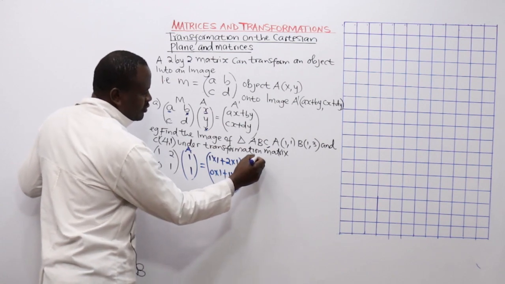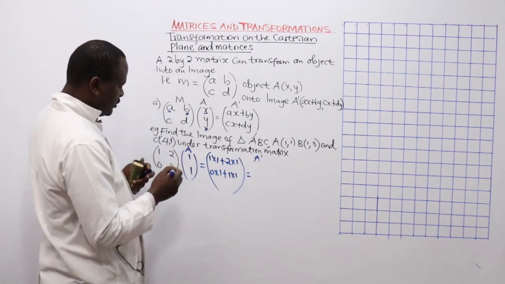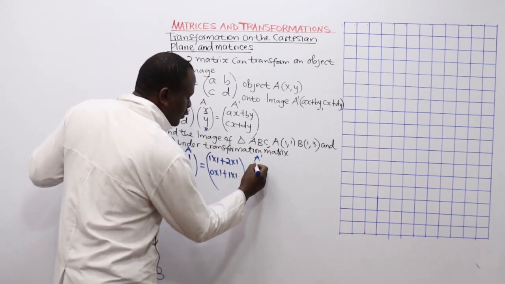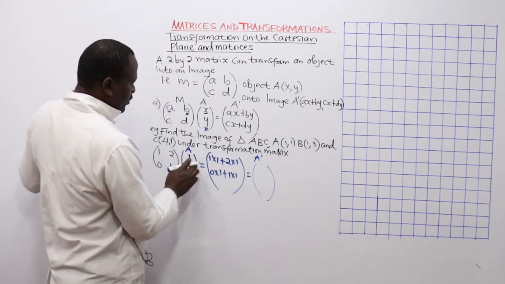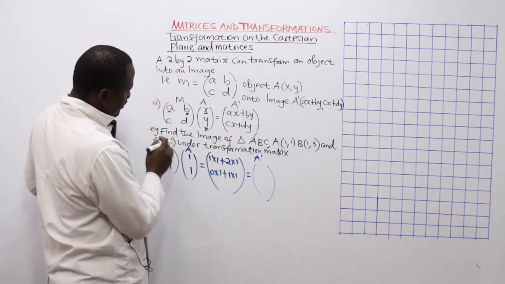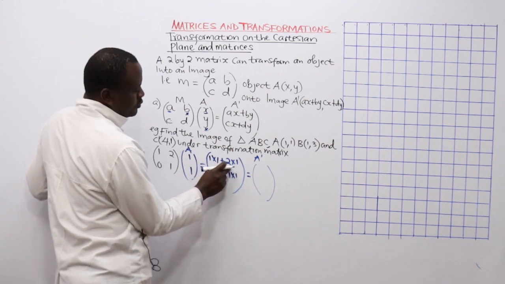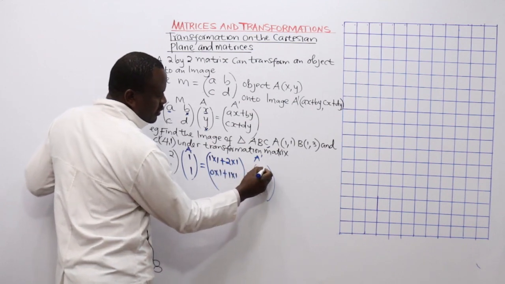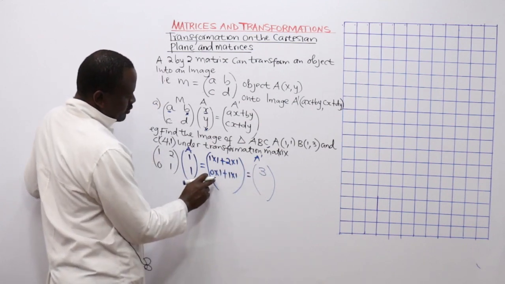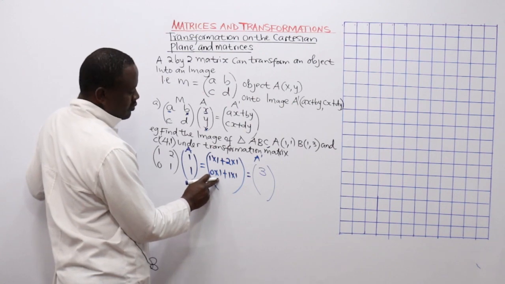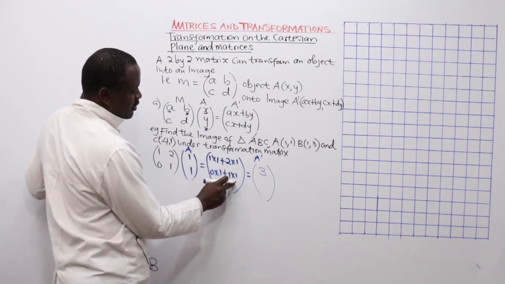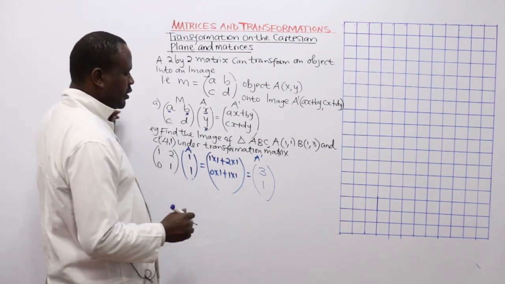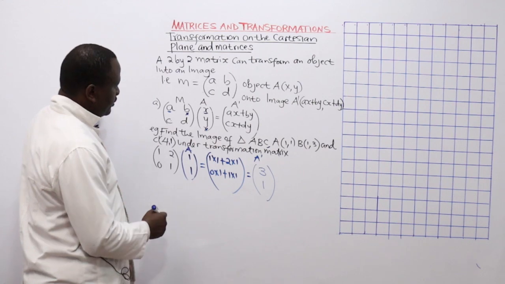We get the image of A as: 1 times 1 is 1, plus 2. That gives us 1 plus 2 is 3. Now, 0 times 1 is 0. 0 plus 1 times 1 is 1. That is the image of A. Now, what about B?